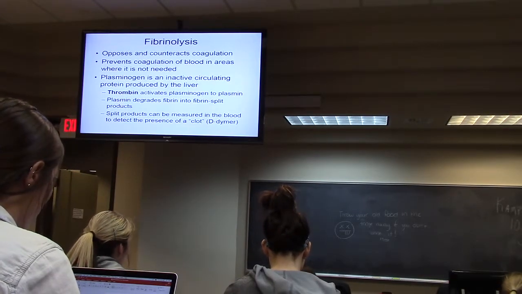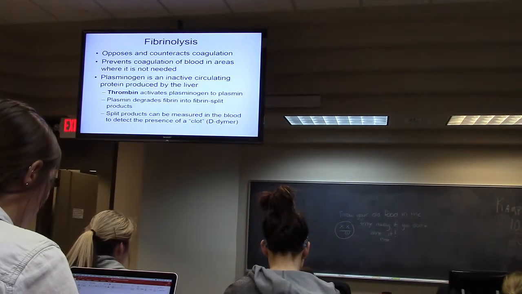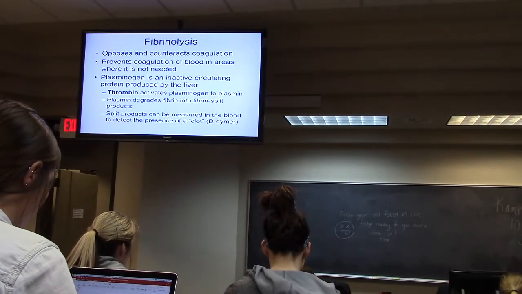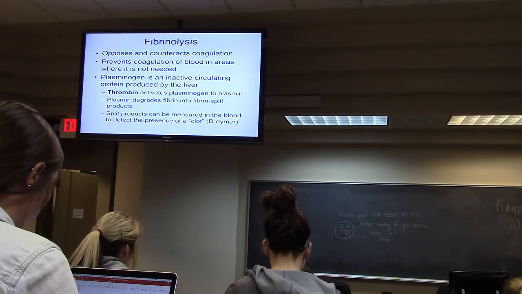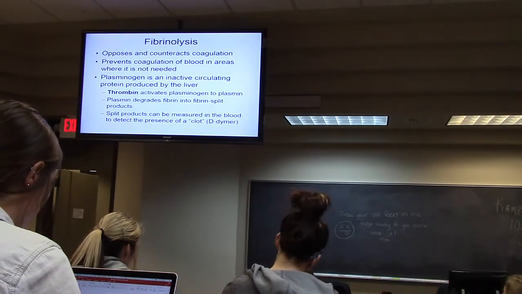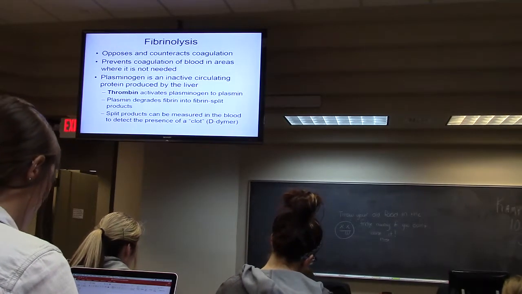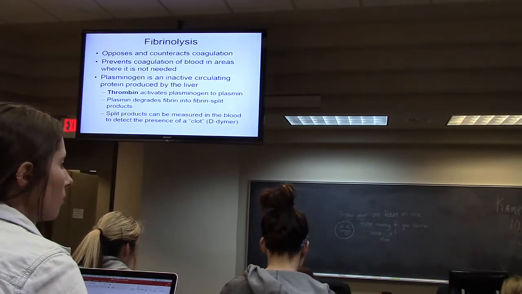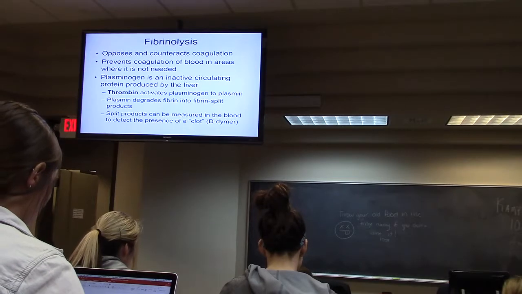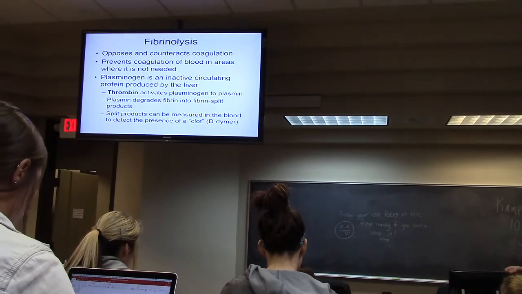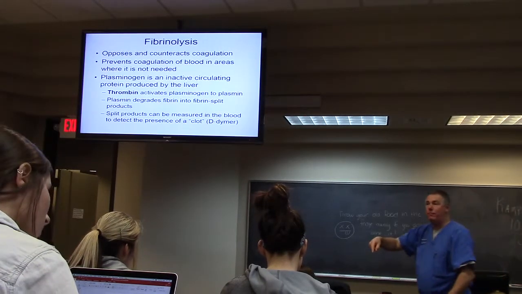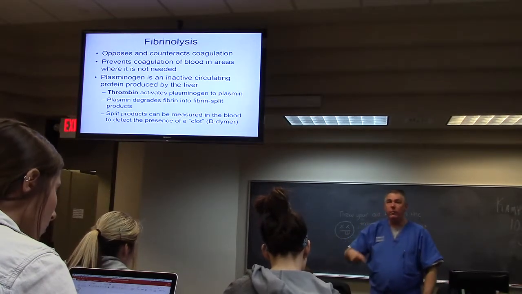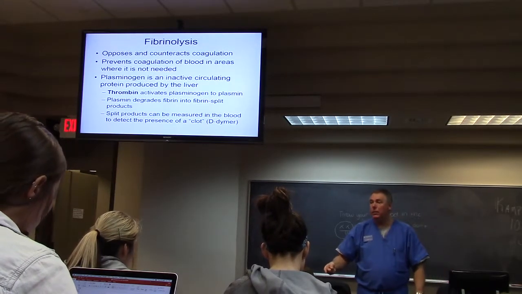If you have a large D-dimer value, that is a huge indication that you have a clot somewhere. It's not diagnosing the clot, it's diagnosing the clot being lysed. So understand that. We're not looking for the clot, we're looking for the breakdown of the clot.